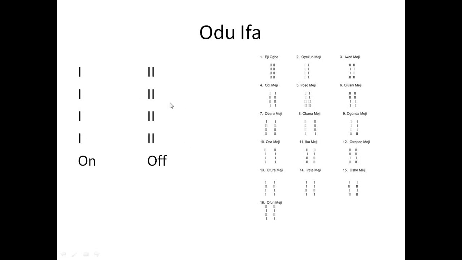So when we cast the Opele chain, or the I Ching, we mark the quote-unquote Odus, or the oracular signatures from the god Ifa, who speaks on behalf of Olodumare to the rest of the world. We mark them with these signs or variations of these signs. And so you see these variations. I'm not sure how clear they'll be on your screen, but you'll see these different variations. These are the 16 primary Odus.